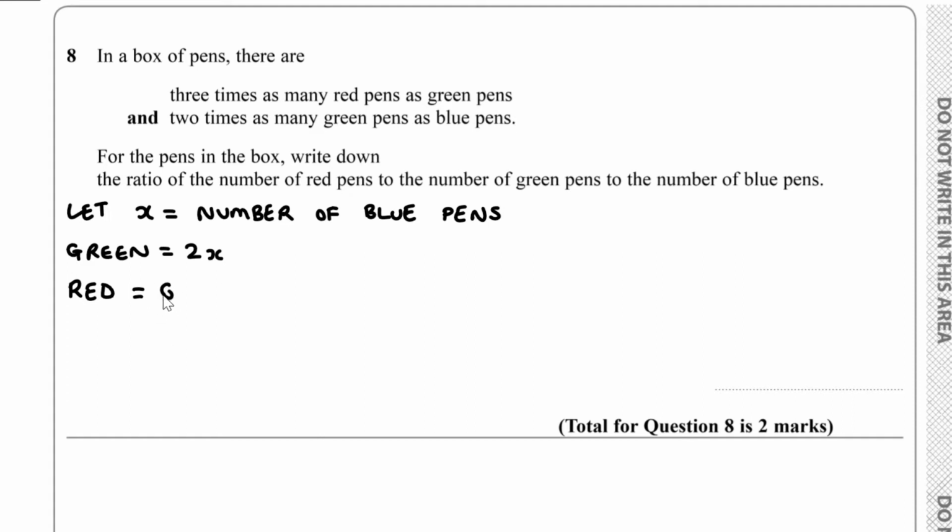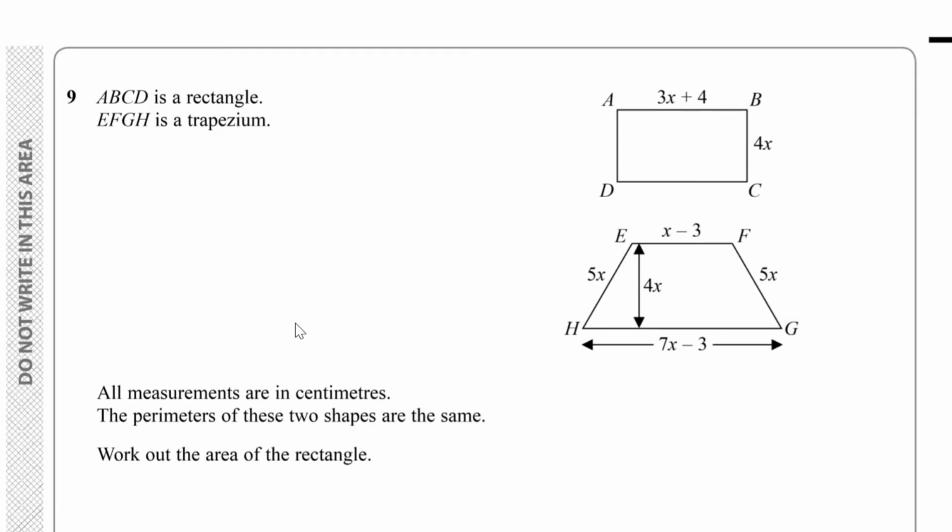So the number of red pens we've got is 6x. And therefore the ratio of red to green to blue is equal to 6 to 2 to 1. So we have 6 to 2 to 1.